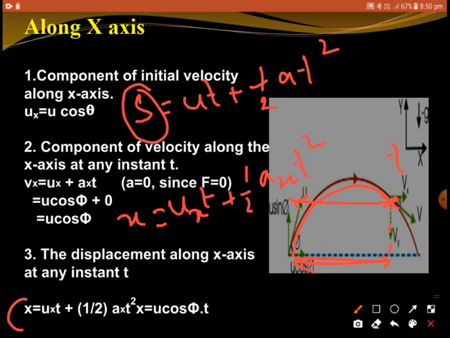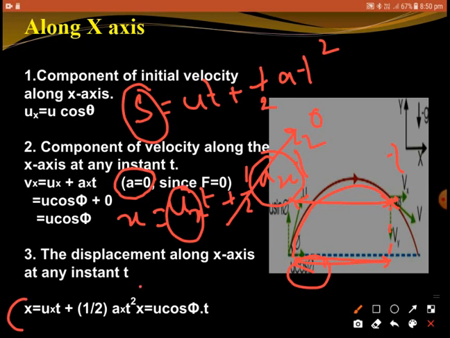But in the horizontal motion, the acceleration is equal to 0, so this second term will not come. So the horizontal displacement at any time t will be ux t, which is nothing but u cos theta into t. Got it?